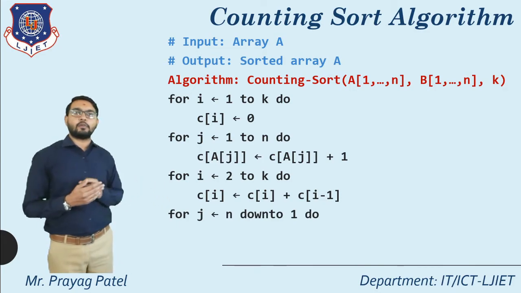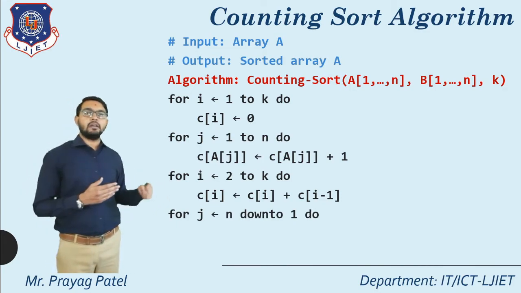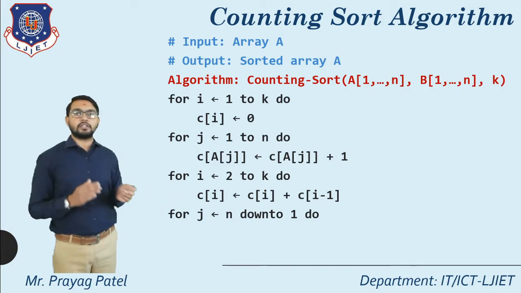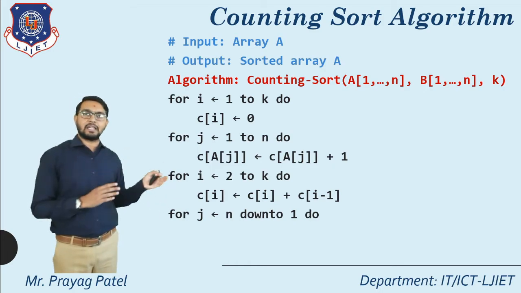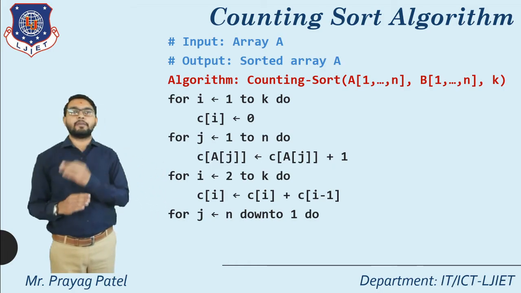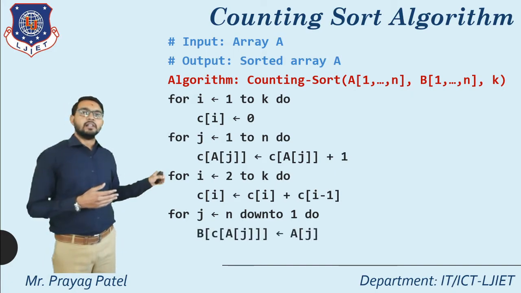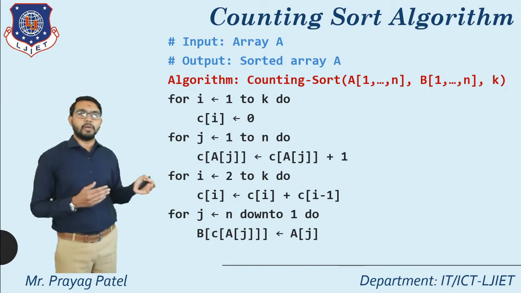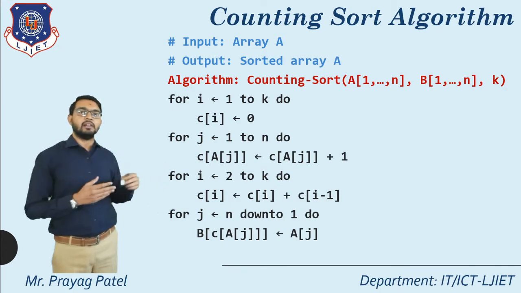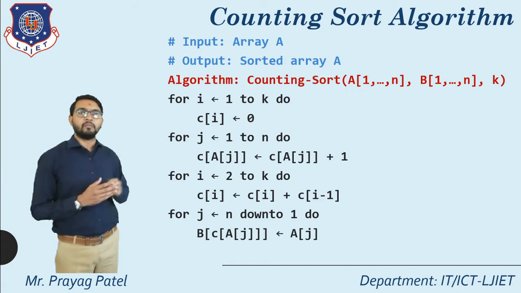Now the last loop is for j equal to n down to 1 do, which means you start the process from the last element and continue until the first element. What is the process? B of C of A of j equal to A of j. As in our previous example, we take the value A of j and put it at a location.